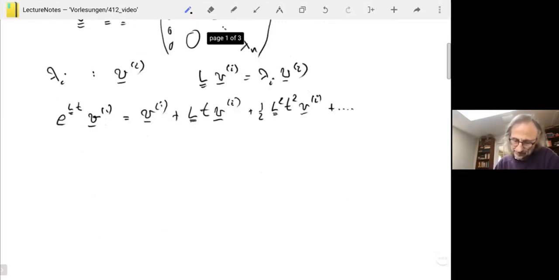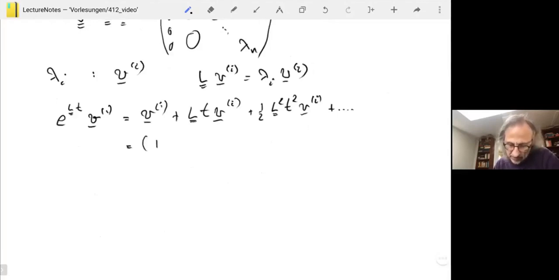And obviously, since Vi is an eigenvector with eigenvalue lambda, we can write this as 1 plus lambda t, t being a scalar, I can pull that out, times Vi, plus 1/2 lambda squared t squared plus all the remaining stuff. And we simply get e to the lambda t times Vi.